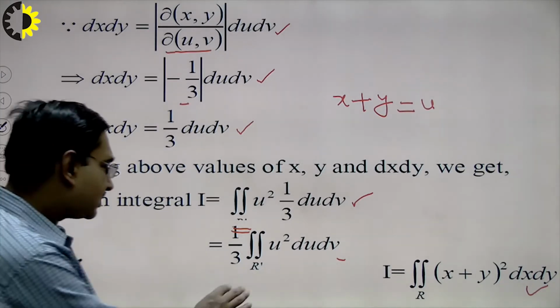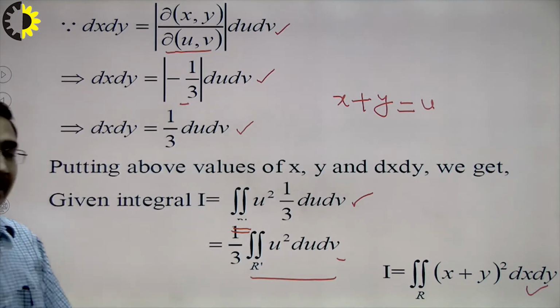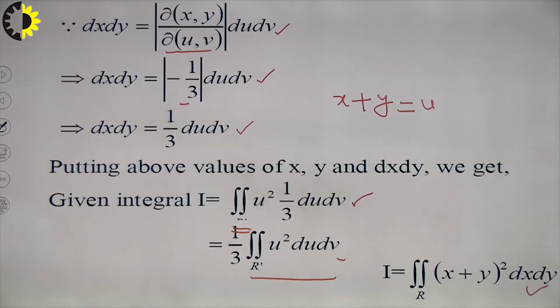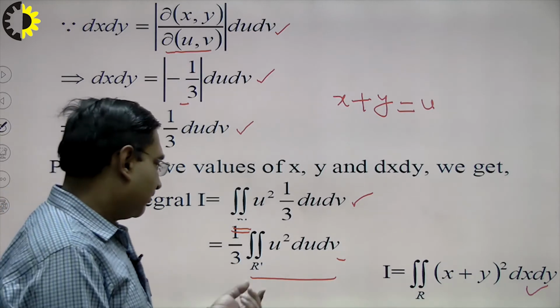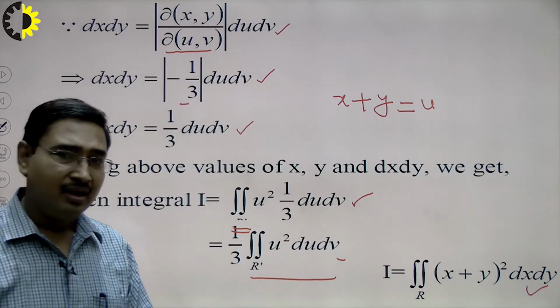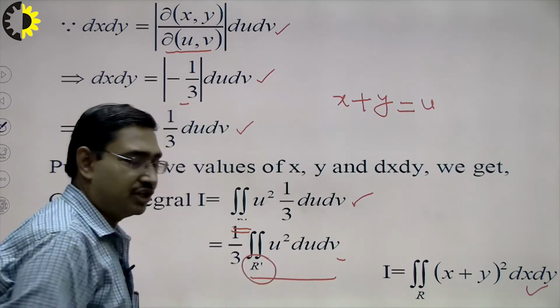Now, this double integral is to be evaluated. This double integral is in terms of u and v. So, to evaluate this double integral, we shall first find limits for u and v. To find limits for u and v, I need to draw this region R dash.